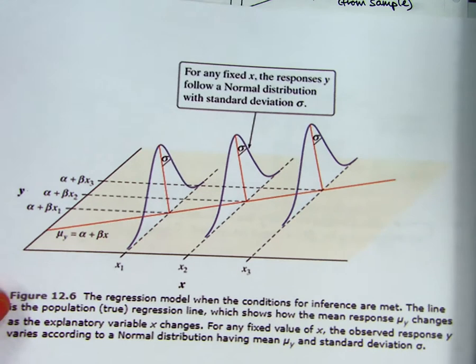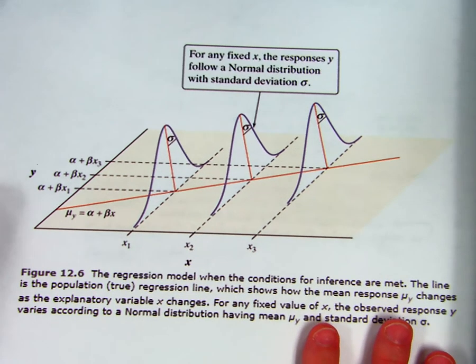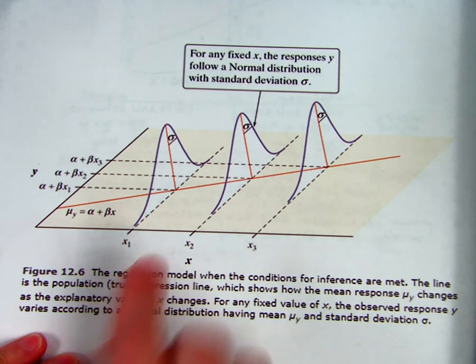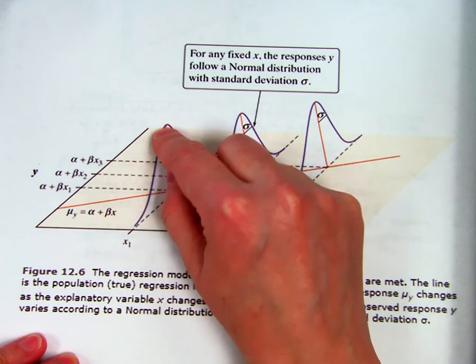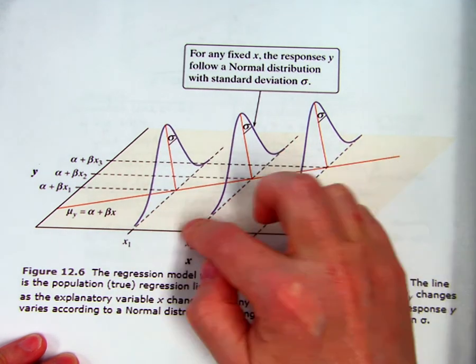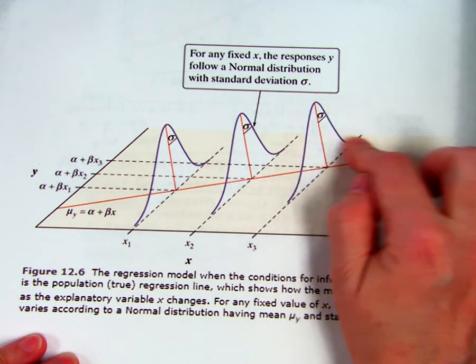It looks like this. So what is actually happening, I am not going to try to draw this, and you shouldn't either, but what's actually happening is we are assuming that for each individual x value, there's a normally distributed set of y values. And for this x value, there's a normal distribution of y's. And for this x value, there's a normal distribution of y's.